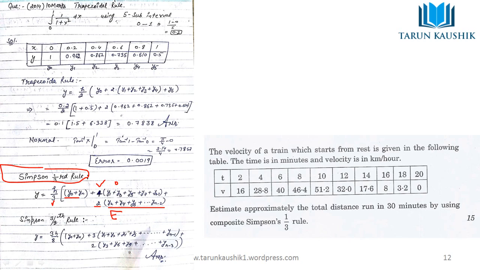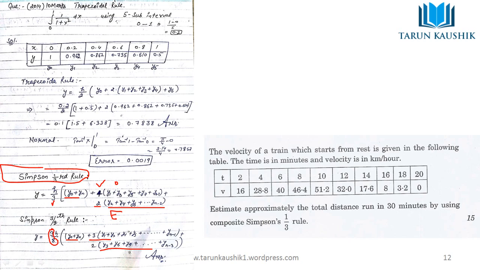This is just a trick for remembering the formula. In the 3/8 rule, multiply all the terms by 3/8 and remember this formula. Here it is multiples of 3: 3, 6, 9, 12, 15, 18, 21, 24, and so on.